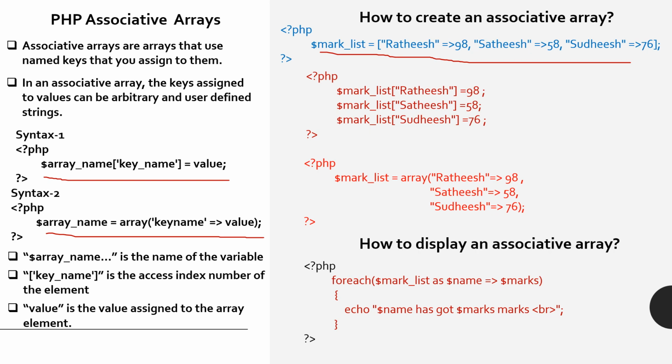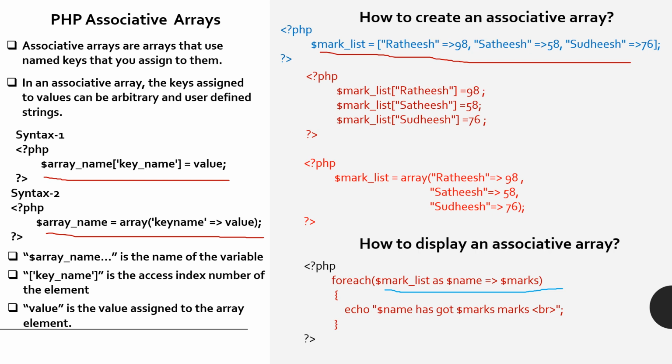Now we will see how to display that array. Here for displaying, this is the format you need to follow. Foreach, that is array name as key value.